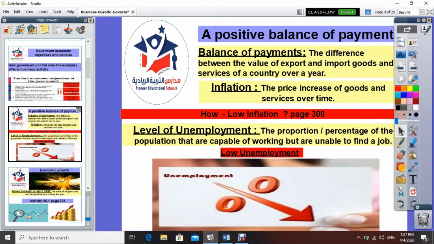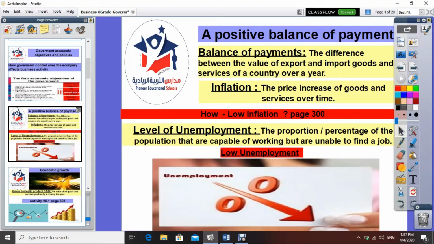The goods and services bought by a country from other countries are imports. So this is the difference between imports and exports. Exports involve money coming into the country, and imports involve money flowing out of the country.